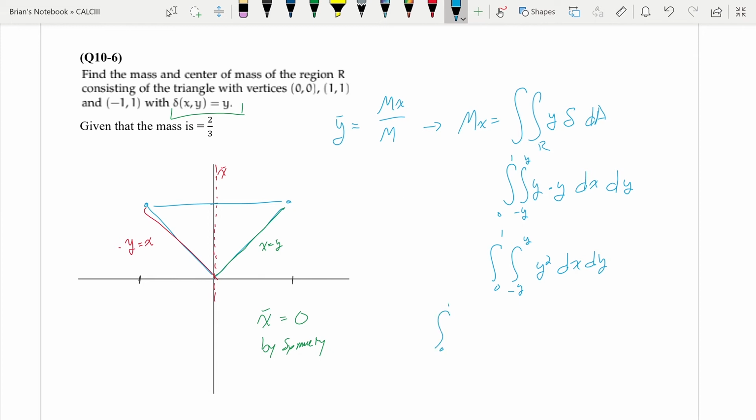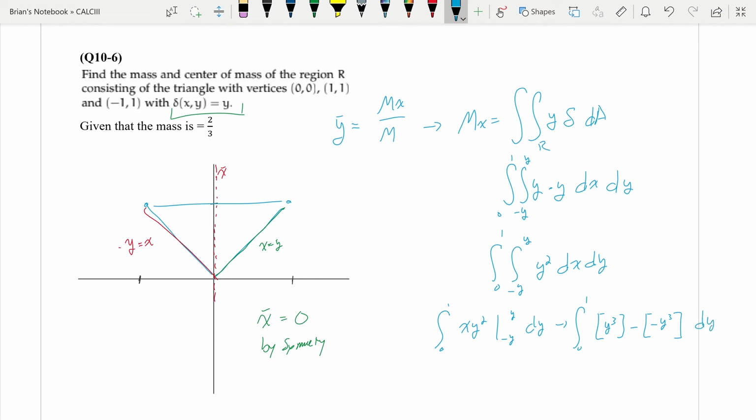We get the integral from 0 to 1, of course with respect to x, so it'd be x y squared from negative y to y, dy. Then we'll get 0 to 1, some tricky stuff here, y cubed minus, and I like to keep my brackets for each side of the evaluation. So it'd be y cubed minus, second brackets, we'd plug negative y in, so negative y cubed, and evaluate that.